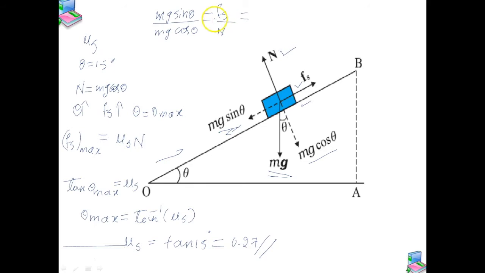At theta equal to theta max, Fs becomes Fs max, that is mu s into N, isn't it? So we can write tan theta max is equal to mu s. From that we can get the value of the static coefficient.